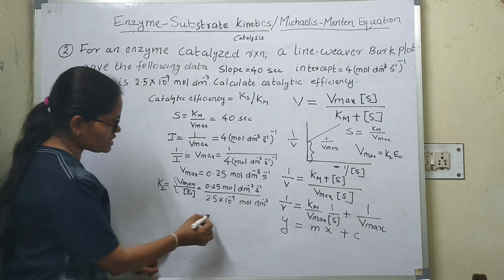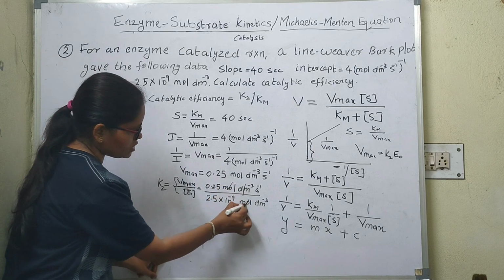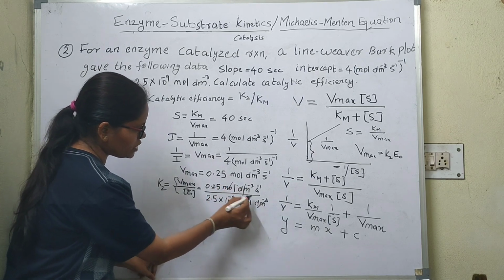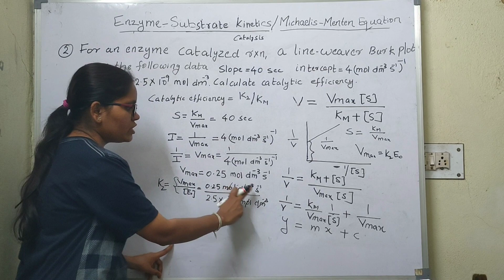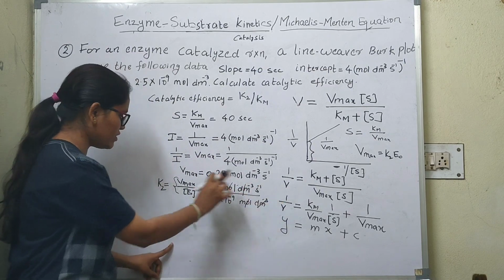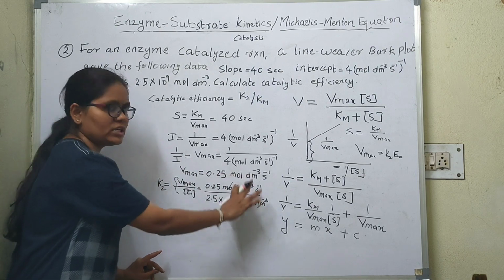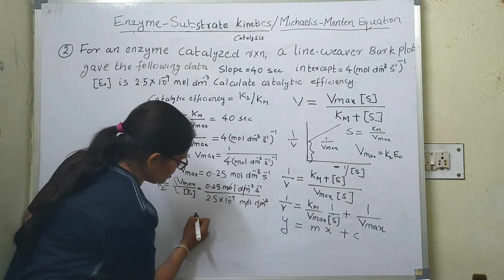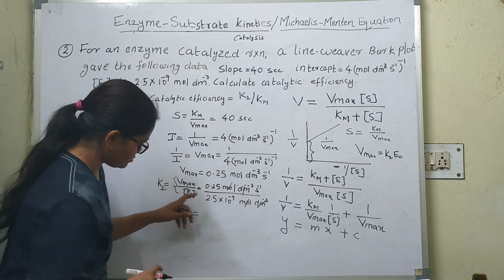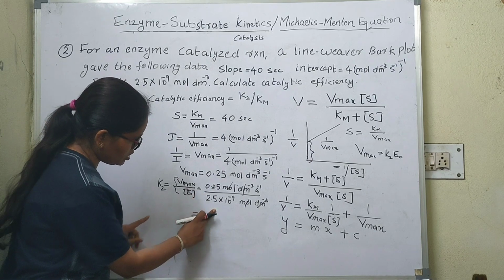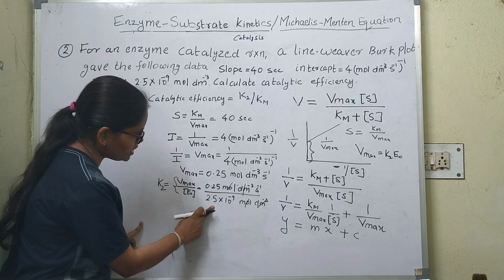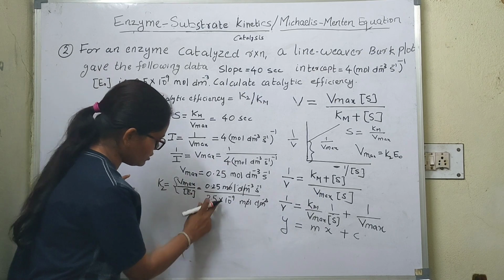So here you can cancel mole decimeter per decimeter cube. So this unit gets cancelled. Now the unit that is left is second inverse, and we know that the unit of K2, that is turnover number, is second inverse. So what can I do here? I can multiply both numerator and denominator with 10.